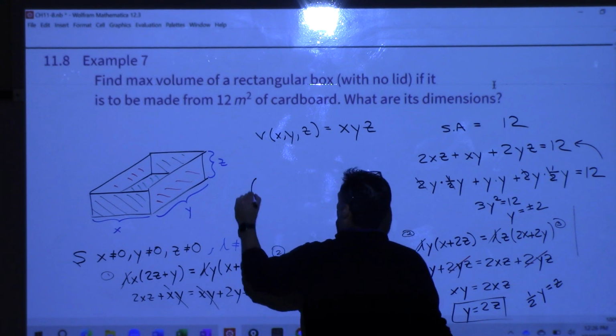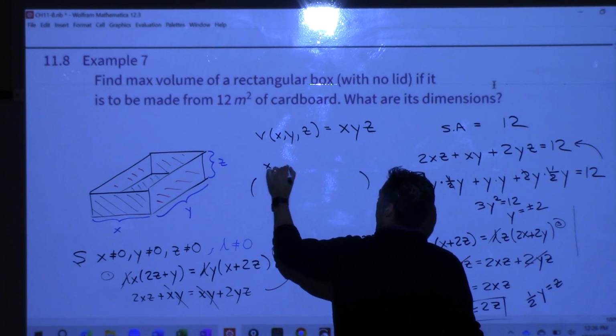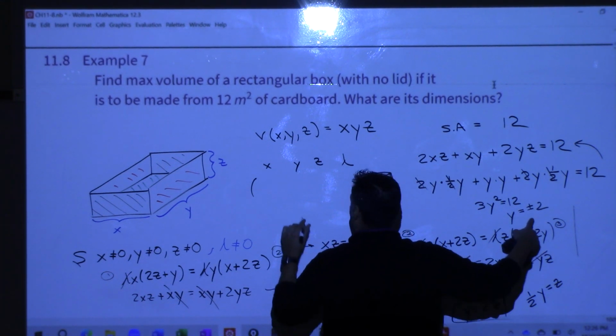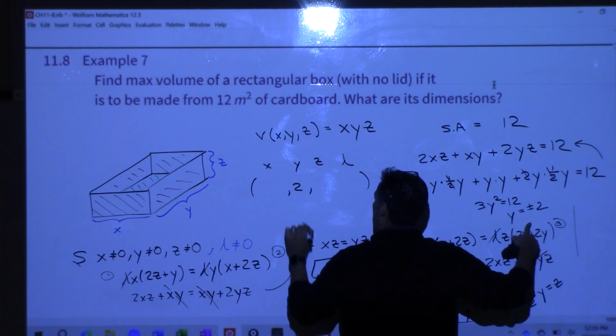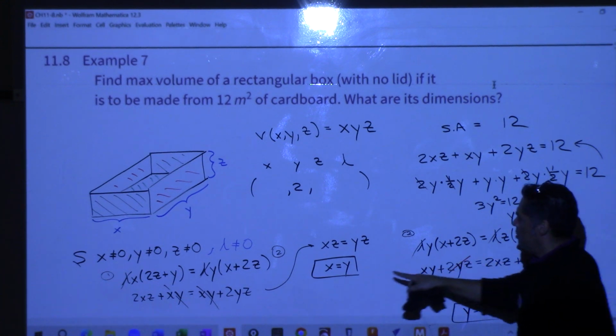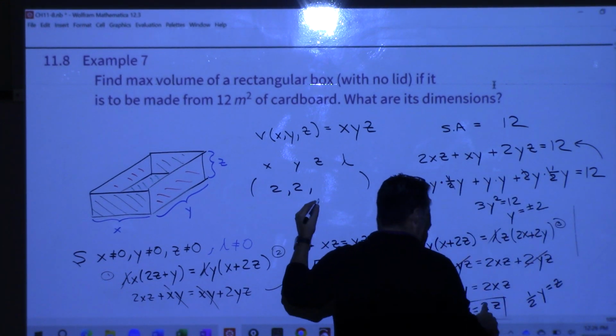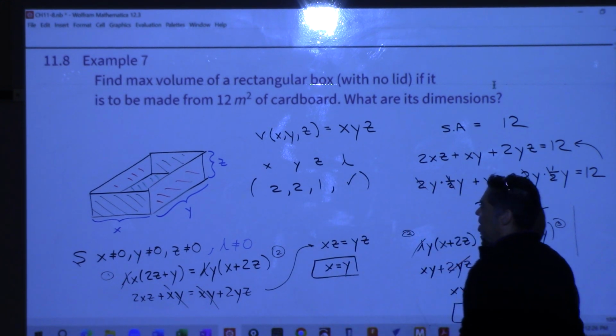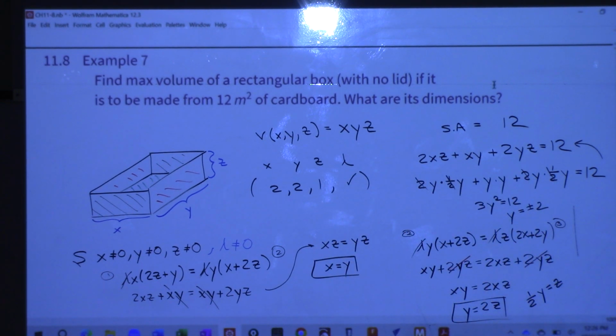So I think I'm ready for a candidate here for my x, my y, my z, and my lambda. We're saying y is 2, right? If y is 2, what's x? 2, and then z must be 1, and then lambda I really don't care about, but there it is. And is that going to be a max or a min?